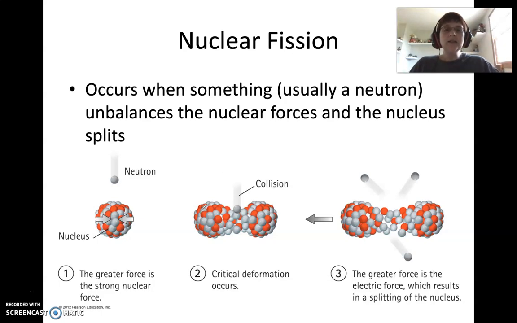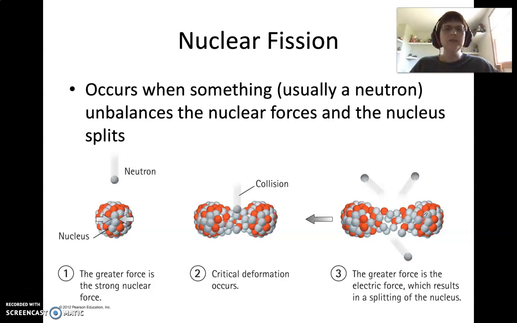When it collides, it deforms the nucleus because the collision has enough energy to do that. And that deformation, that change in shape, is enough to split the nucleus into two pieces.